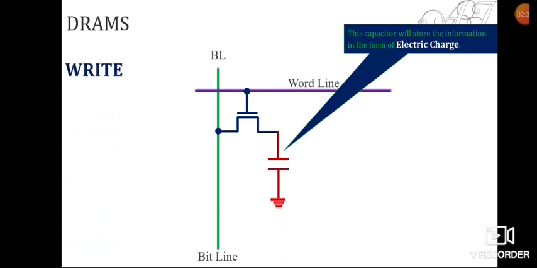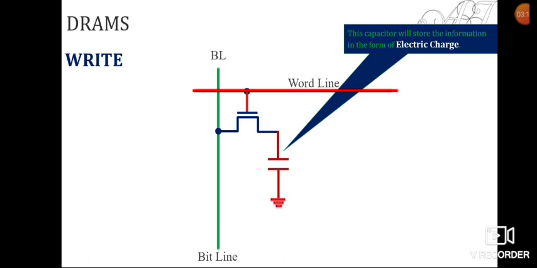Now let's see how we will write any information into our DRAM. Okay, so for a write operation, the first thing is that the address decoder will select this particular DRAM. How will it do that? It will enable the word line of this DRAM. So let's say your address decoder has enabled this word line. If this word line is enabled, then as I have told you, it is connected with the gate of this NMOS transistor, so this NMOS transistor will be turned on.